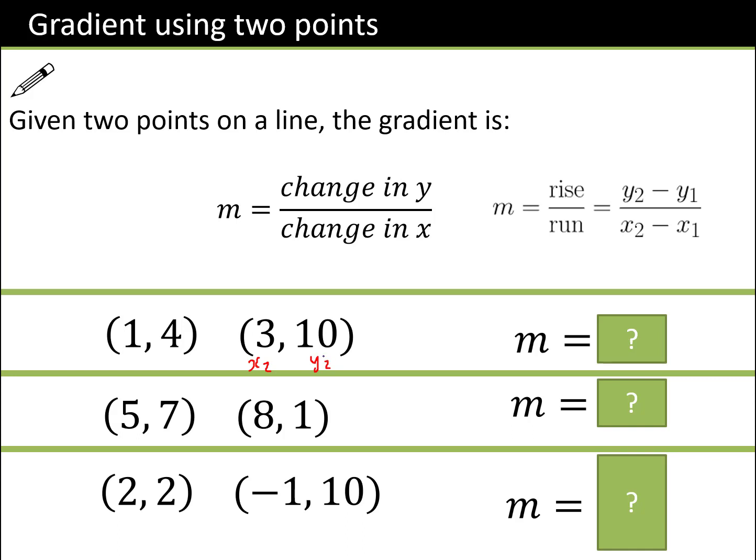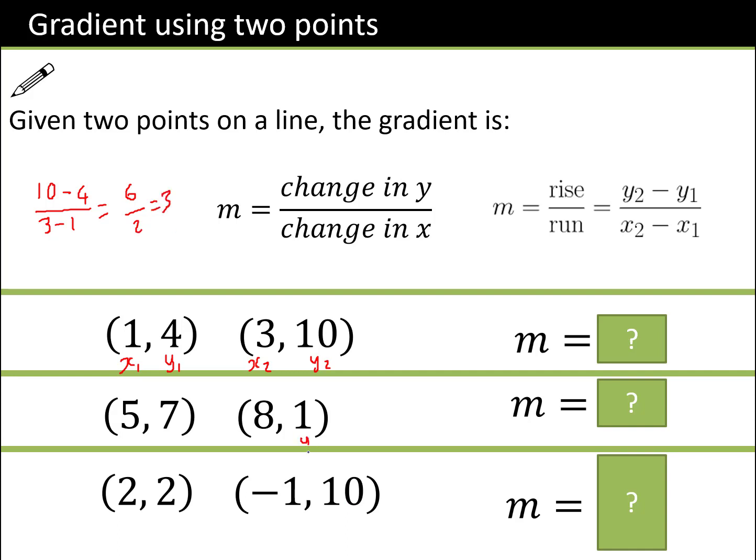So that's the second y coordinate, that's the second x coordinate, that's the first y coordinate, and the first x coordinate. So using this formula, y2 is 10, minus y1 is 4, divided by x2 is 3, minus x1 is 1. That becomes 6 over 2, which equals 3.